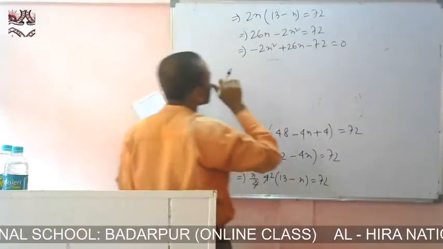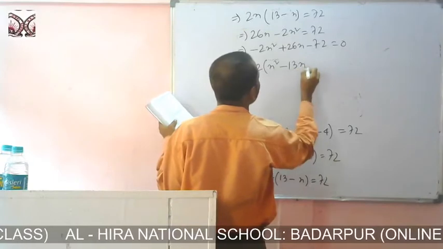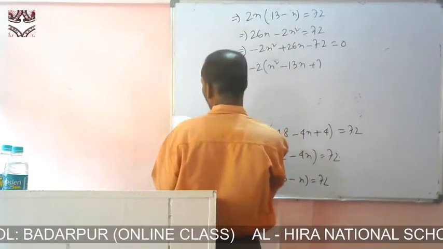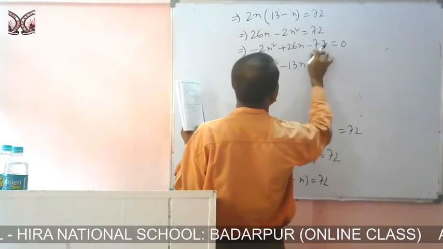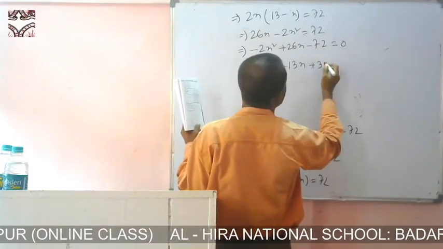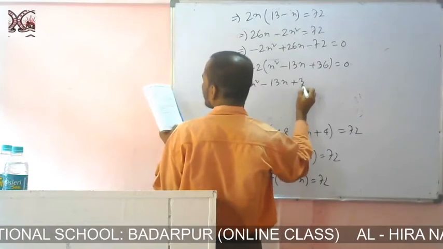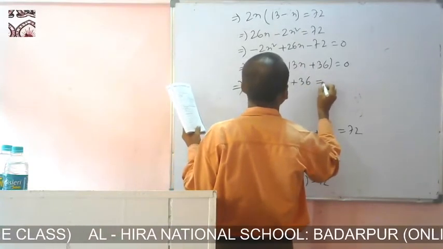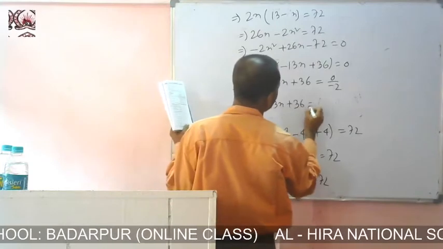If we take minus 2 common, then it is n square minus 13n plus 36, where 9 minus 4 is 5... so n square minus 13n plus 36 is equal to 0 by minus 2.